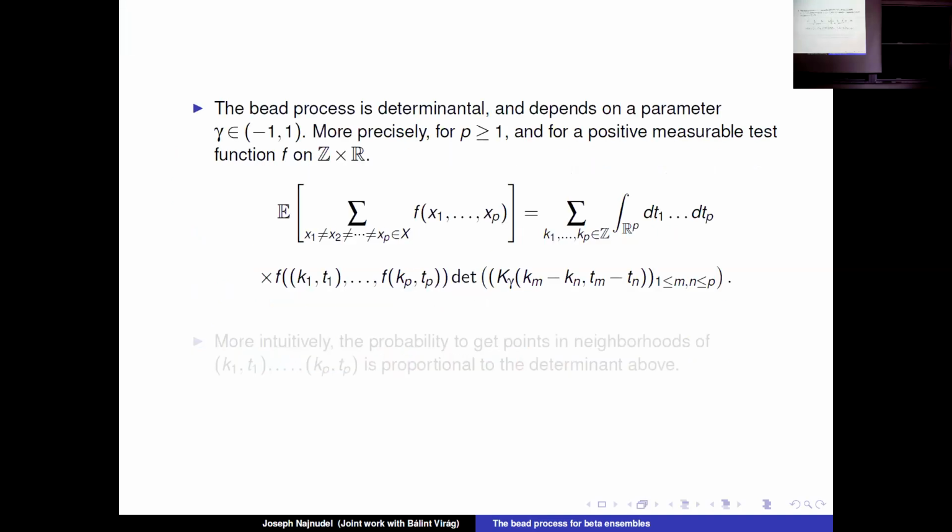Do you have a picture? Yeah, I can draw. These are the lines. You have countably many. And then you have the points here, and then they interlace.